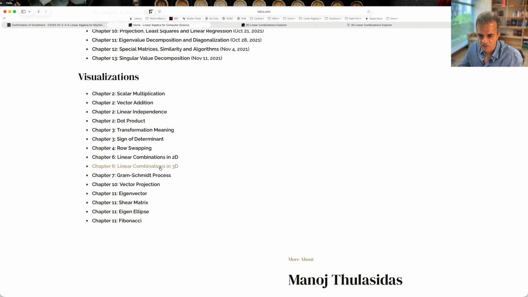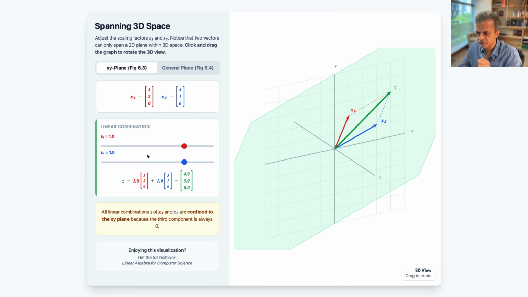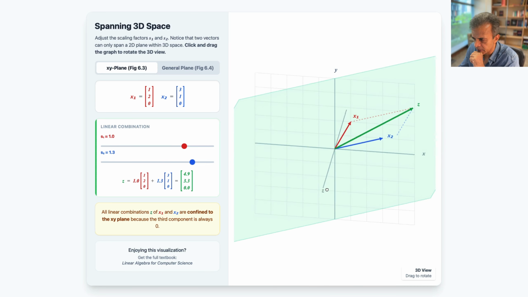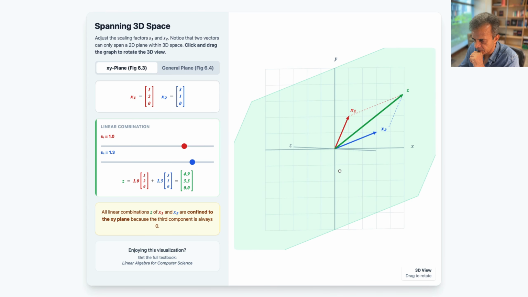In the case of 3D linear combinations, which would be a lot harder to visualize in a static slide, this interactive view might be more interesting. So you can see that my green plane there is actually supposed to be the xy plane. You can rotate it, can make it stand in front of me.